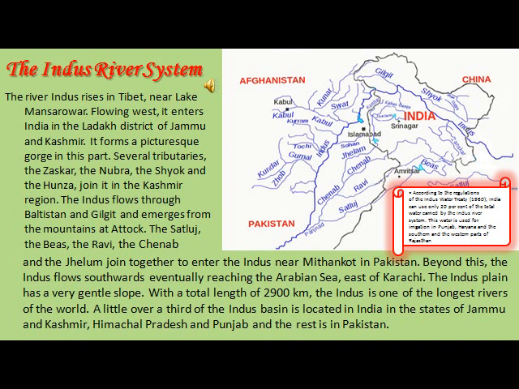The Indus plain has a very gentle slope with a total length of 2900 km. The Indus is one of the longest rivers of the world. A little over a third of the Indus basin is located in India, in the states of Jammu and Kashmir, Himachal Pradesh, and Punjab, and the rest in Pakistan.